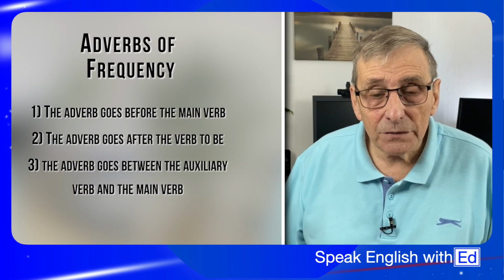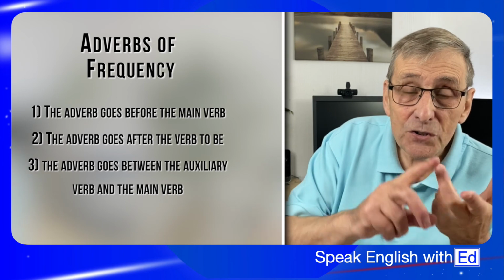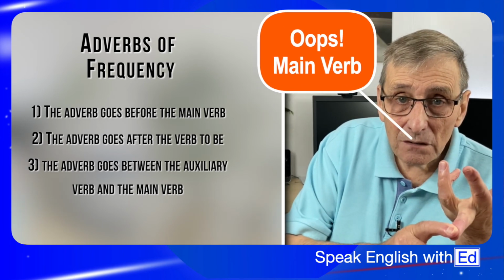So these three rules will help you place your adverbs of frequency in the right place. They can go in other places sometimes, but if you follow these three rules, then you'll get it right 99.9% of the time. And that's better than learning another dozen or so rules. So for now, just stick with these three rules. Rule 1: the adverb of frequency goes before the main verb.